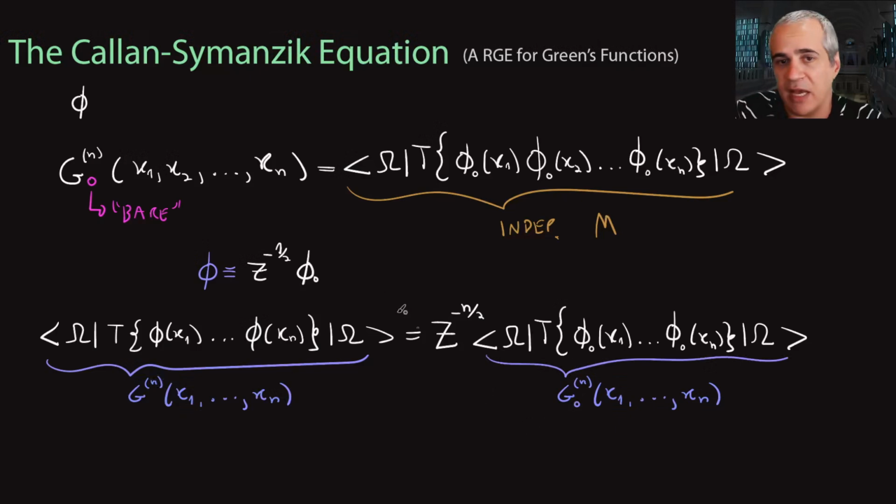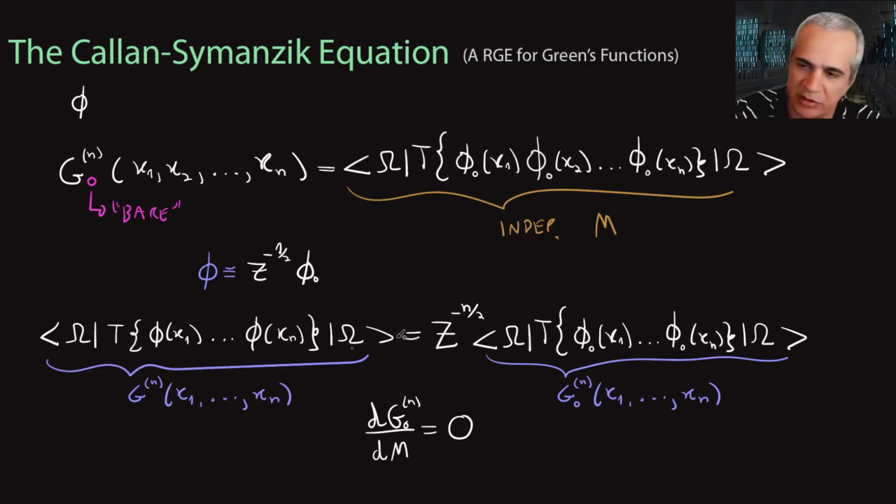And the thing is, I can now demand that dG0n/dM is equal to 0, because this guy does not depend on this renormalization scale. And we can use that to find a differential equation for this guy, because they are related.